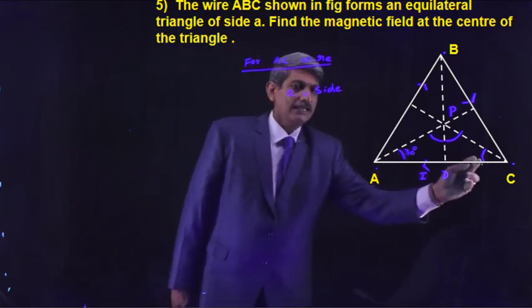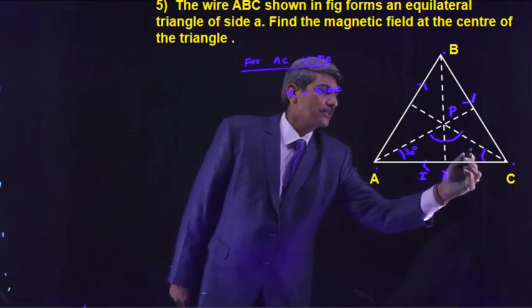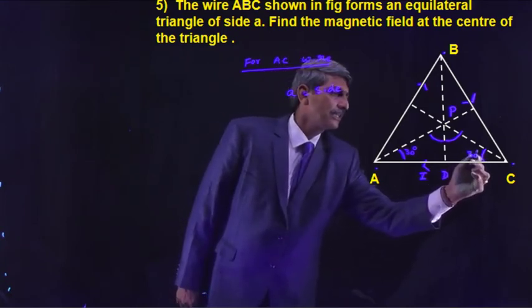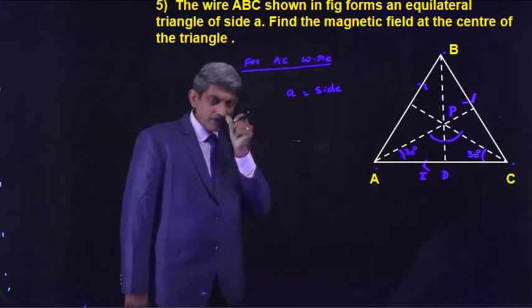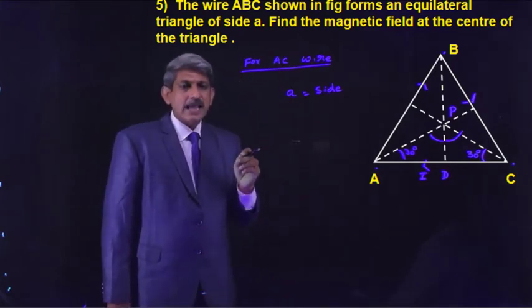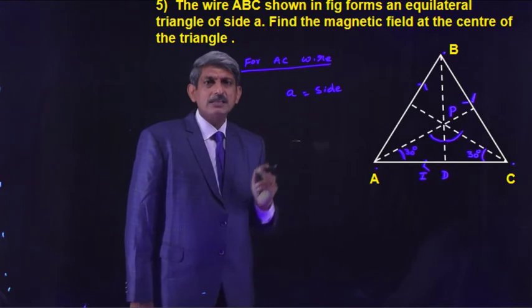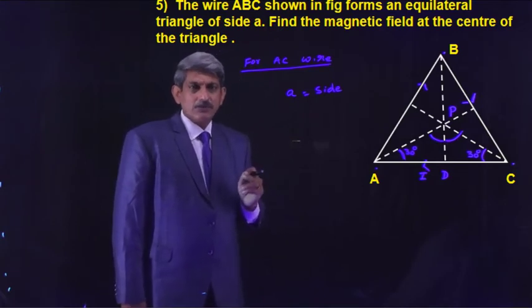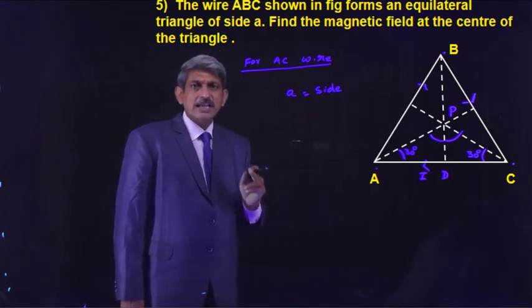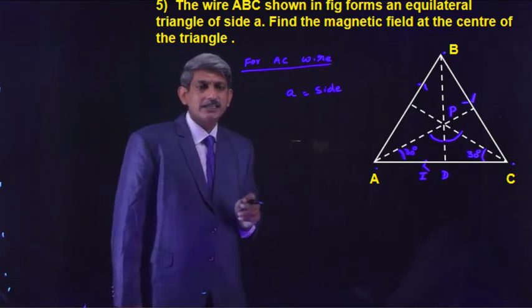Similarly, at point C also the angle is equal to 30 degrees. We know that the sum of the three angles inside any triangle is equal to 180 degrees.